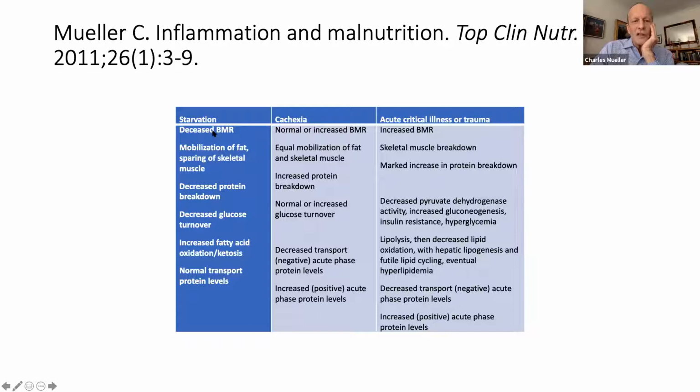Here, starvation, decreased basal metabolic rate, you mobilize fat and protein, but over time, you're in a self-preservation mode, you decrease your mobilization somewhat. And from oxidation of fatty acids, you produce ketones. Here, normal or increased BMR, not decreased, and increased protein breakdown, okay?